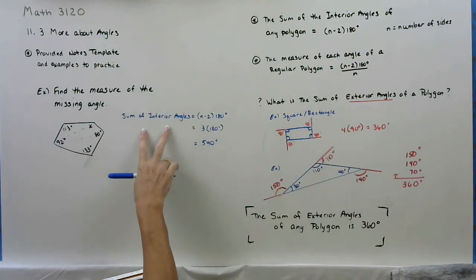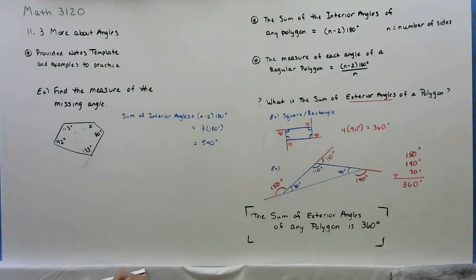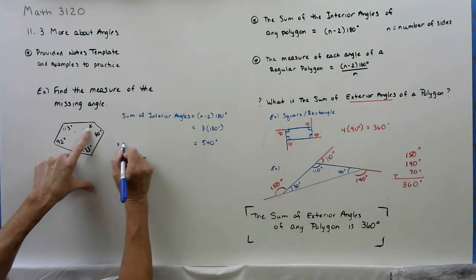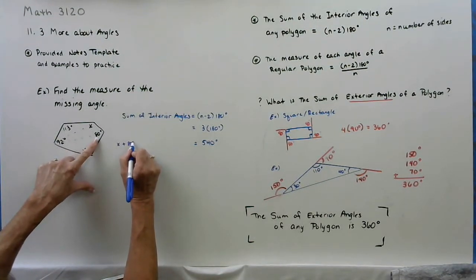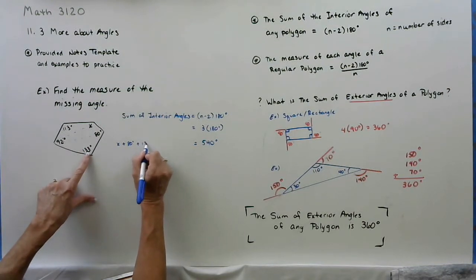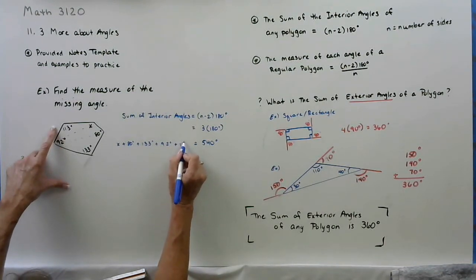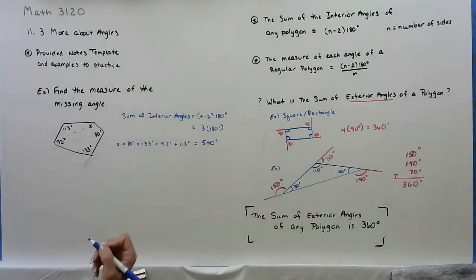So I'm just going to follow what the left hand says to do. The left hand side says take the sum of the interior. Okay. That would be X plus 80 plus 133 plus 92 plus 113. Okay.